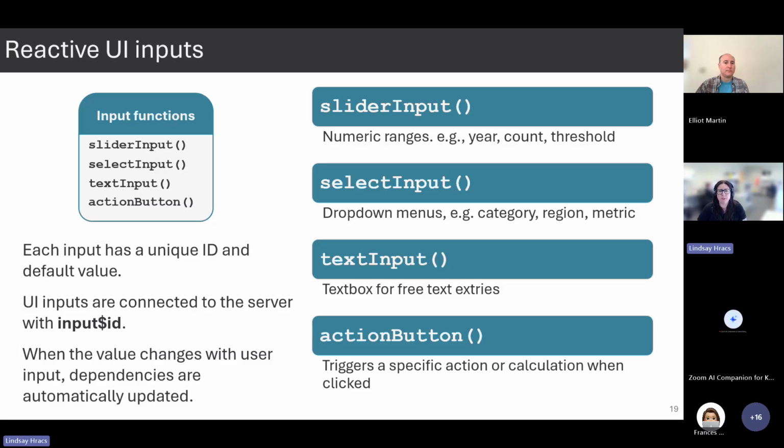The UI inputs are connected to the server with this input ID tag. And when the value changes with user input, dependencies are automatically updated. So again, it's that nice automated pipeline where we as developers don't really have to do much. We just have to give people the tools to search through our data. We know what our data stratifications are, and we just let people look through the data that way.